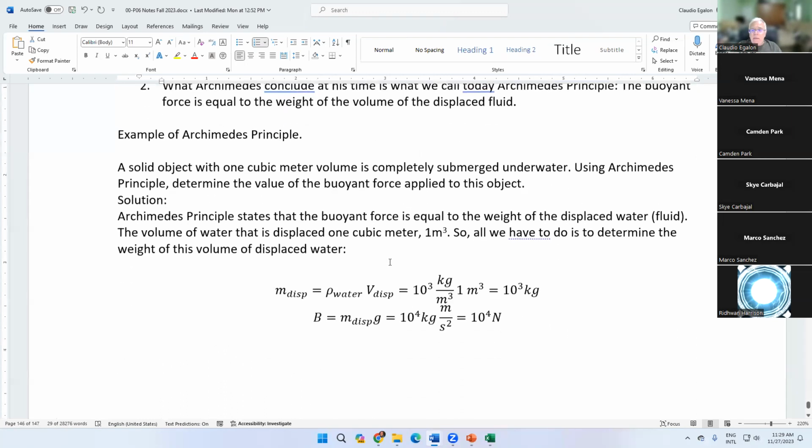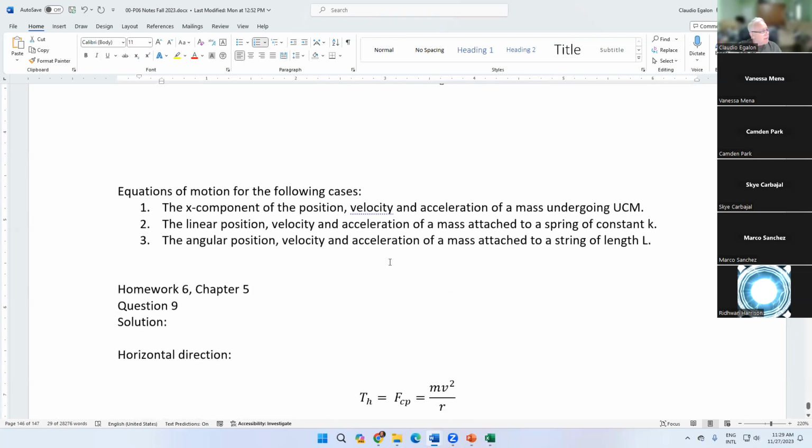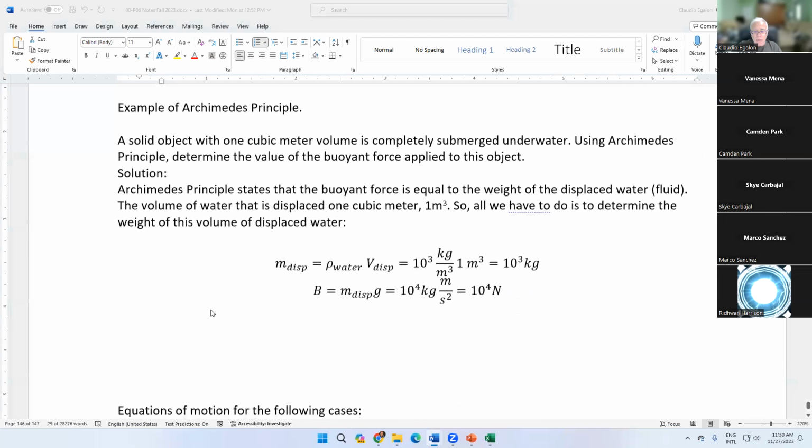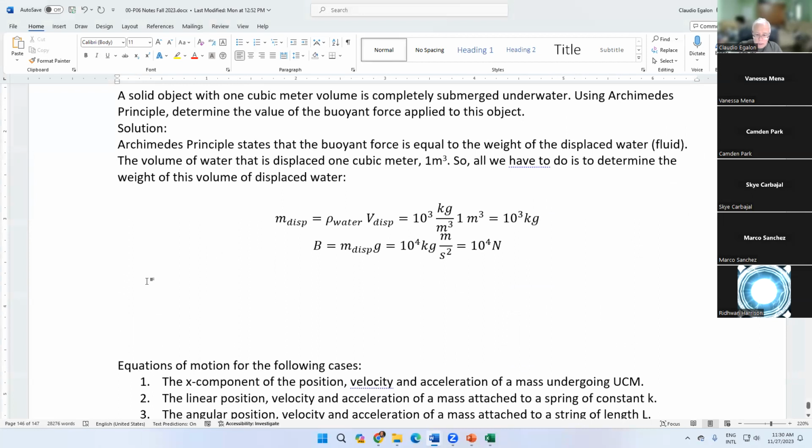It's 11:30 right now. Let's take our little break. I hope I can finish this chapter today. Yeah, we'll be able to finish this chapter today. When we come back, we're going to continue using this idea of Archimedes' principle to find something interesting about what floats and what sinks.